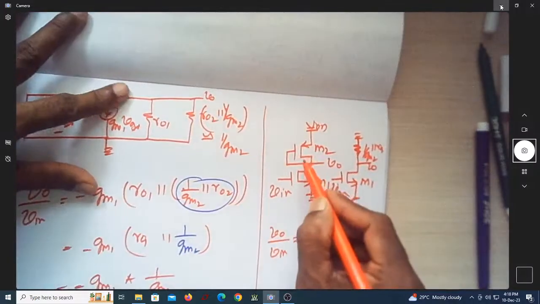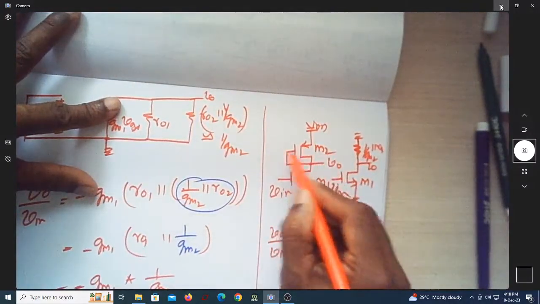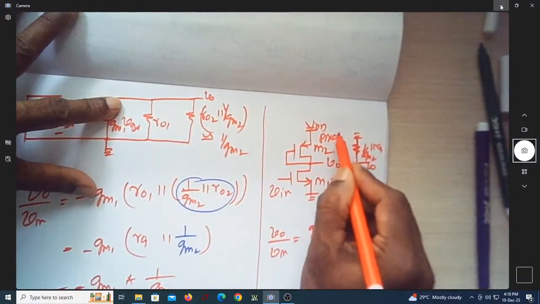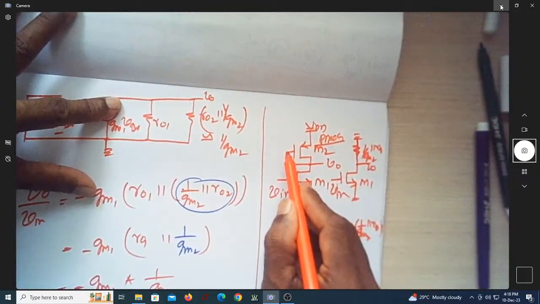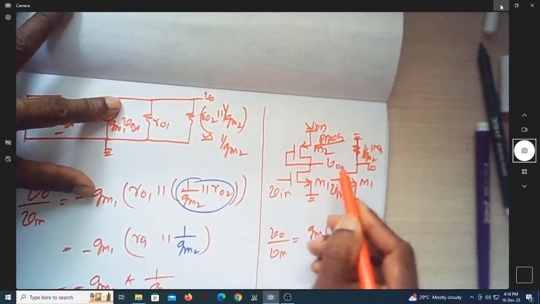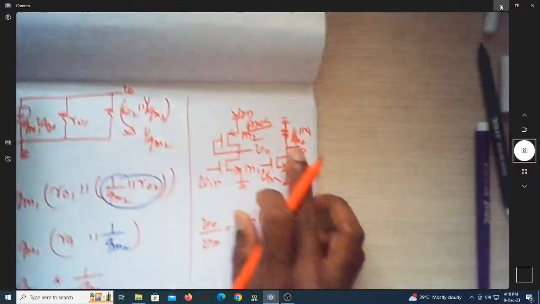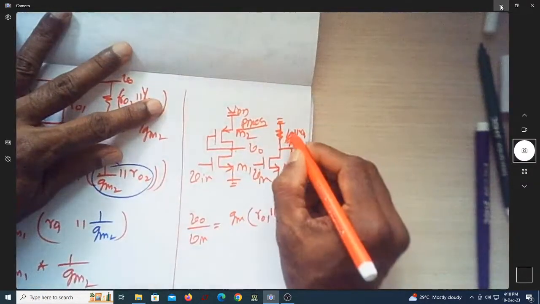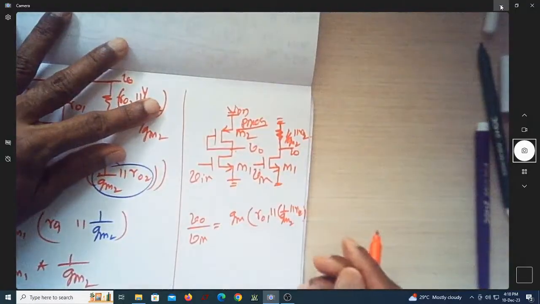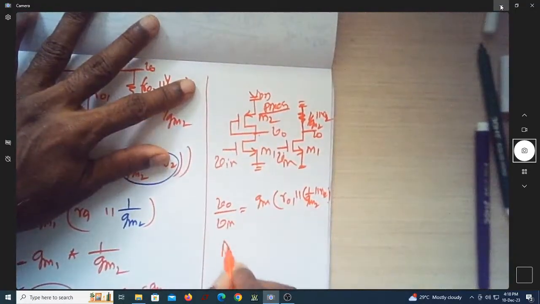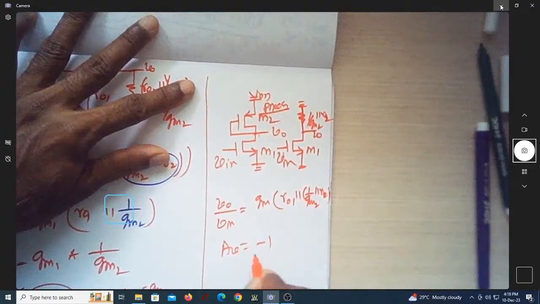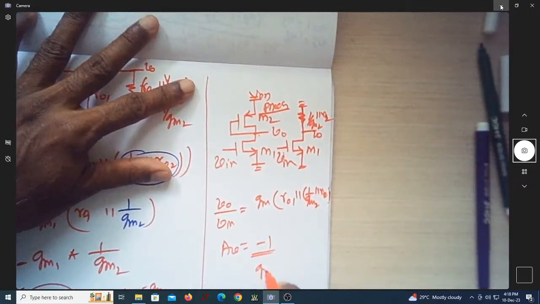So even though you have a PMOS transistor, since its gate and drain are shorted, the resistance is 1 over gm in parallel with R0. Since it is M2, we write it as 1 over gm2 parallel R02. So here also the gain Av is almost equal to minus 1, provided gm1 is equal to gm2.